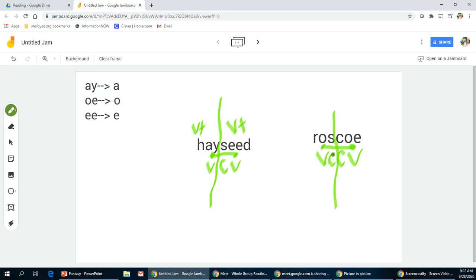All right, what syllable type is this first syllable? It's not a vowel team. What is it? Yeah, it's a closed. Good. And what about this second syllable? Vowel team. Okay, so what does this O say in the closed syllable?